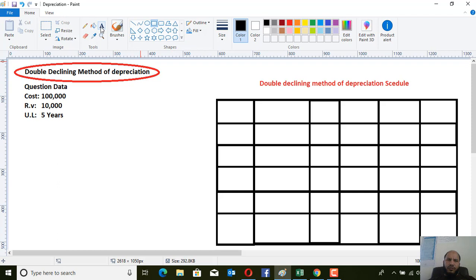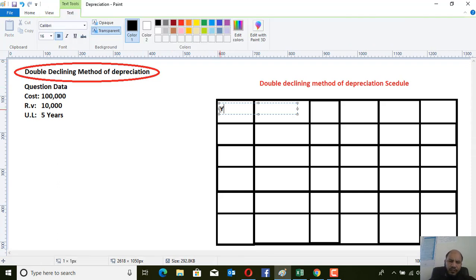Now dear students, let's give titles to each column. This is the year column, and this is the book value. The title over here is a bit different from other methods: book value at the beginning of year.